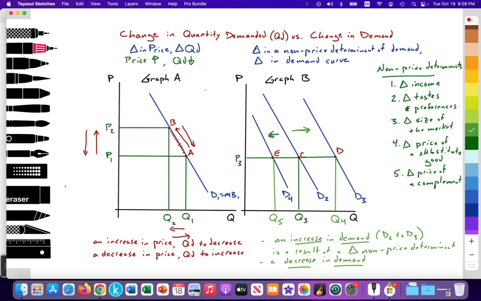So just make sure that's clear, that the whole point of this video is to make sure you understand the difference between changes in quantity demanded as a result of a change in price versus a change in demand, which is a result of a change in a non-price determinant, one of these variables here.